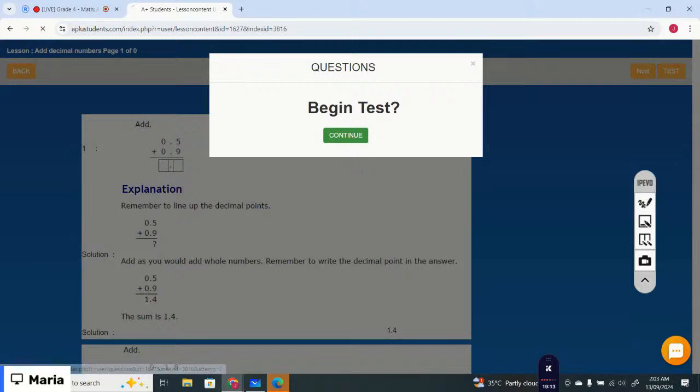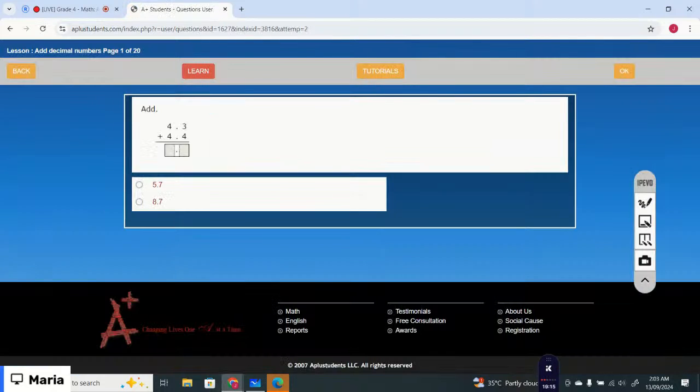Let's just start with the test questions. 4.3 plus 4.4. So which is the correct option? So just add, right? The decimal point is already lined up. You simply have to add. So 4 plus 3 is 7 and 4 plus 4 is 8.